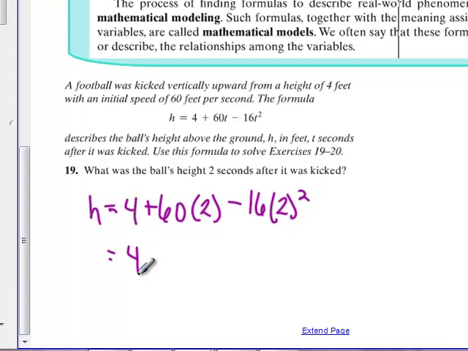Let's see if I can do this without a calculator. So 2 squared is 4, and 4 times 16 is 64. Did you guys get 60?